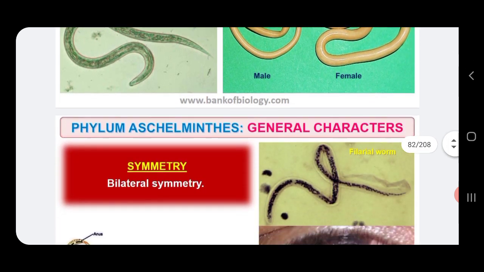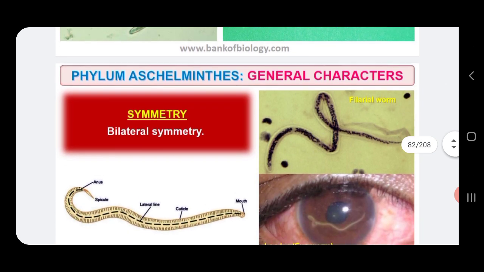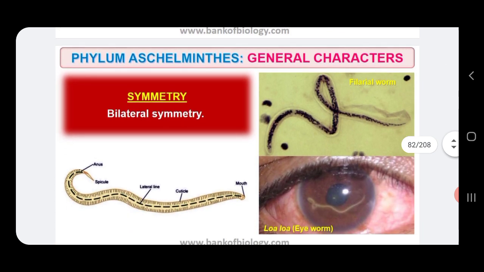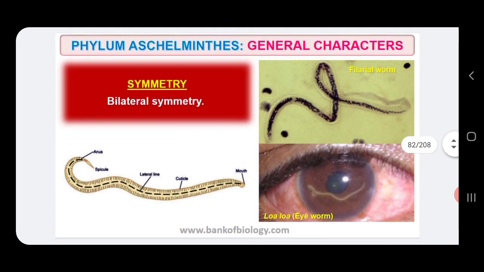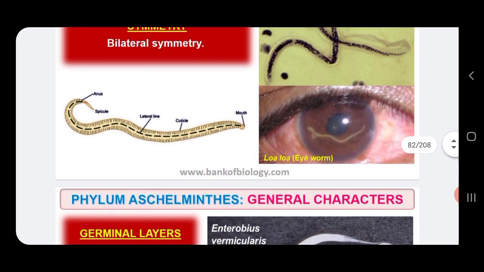Then next is the symmetry. They are bilaterally symmetrical. Bilateral symmetry means you can divide the organism into two equal halves only in a single plane. And they have shown how the Loa loa eye worm has gone inside the eyes, and this is a filarial worm, showing how infection occurs.